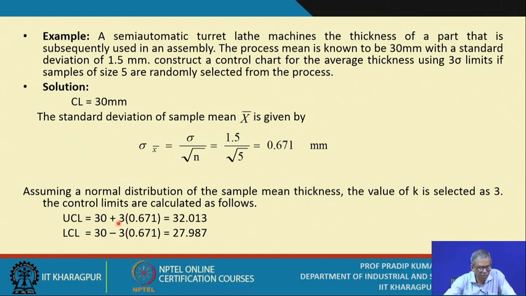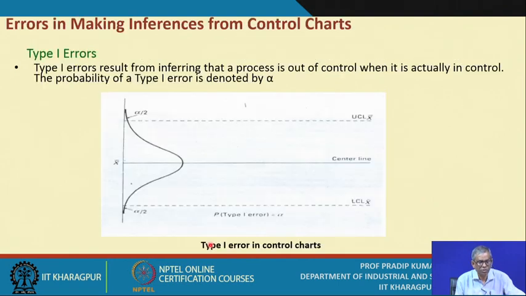That is 30 plus 3 times 0.671, that is 32.013, and the lower control limit is 30 minus 3 times 0.671, that is 27.987. I think there is no problem in understanding these ideas. This is the most simple problem, and we're assuming that control limits are at plus minus 3 sigma limits. So UCL is known, LCL is known.